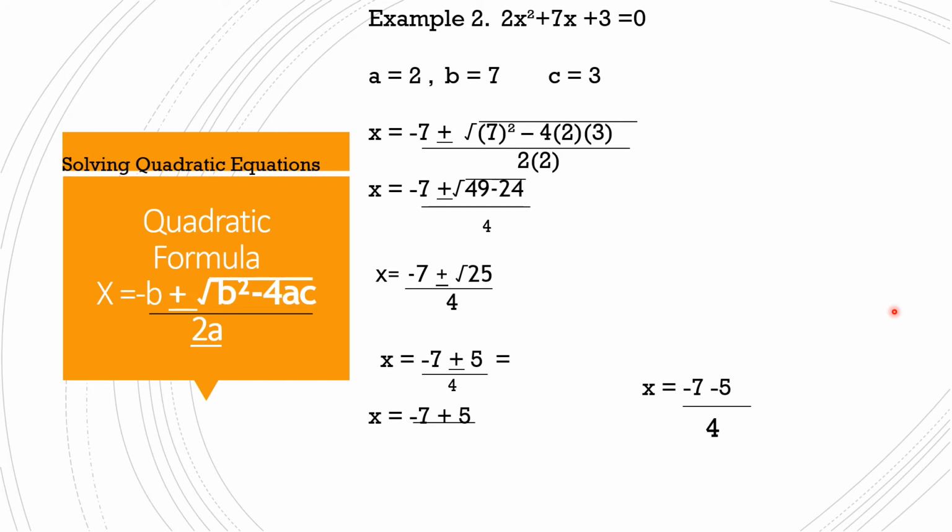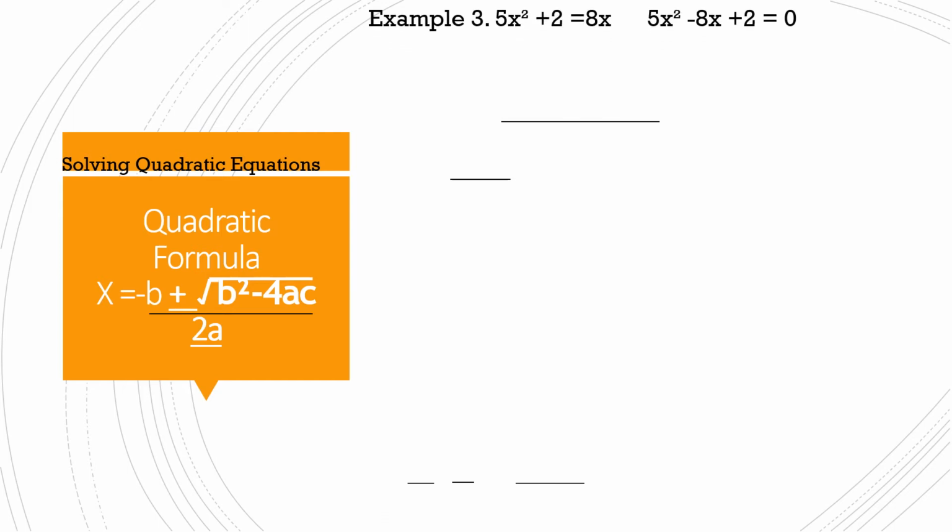So what we are going to do next is to solve for x. So negative 7 plus 5 is equal to negative 2 over 4, and that is negative 1/2. On the other side, we have negative 7 minus 5, negative 12, divided by 4, that is negative 3.